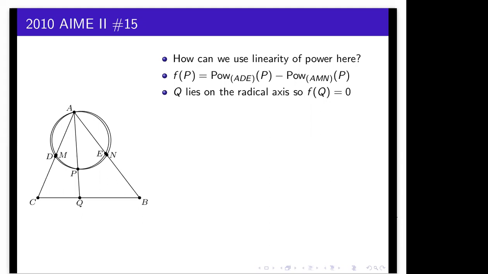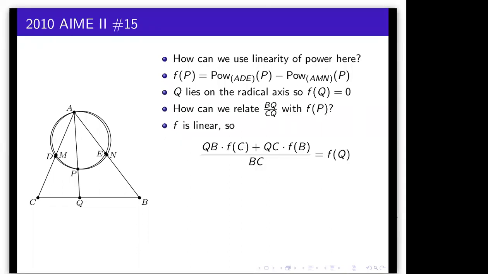Yeah, we want to consider b and c. So note that q is on line BC, which means that it's some weighted average of b and c. In particular, q is going to be equal to, okay, so we have that q is QC over CB along the way from C to B. So it can be expressed as a weighted average of QB times C plus QC times B all over BC.